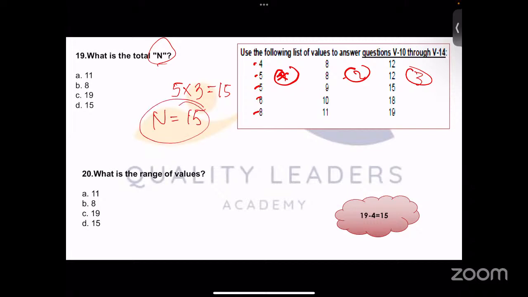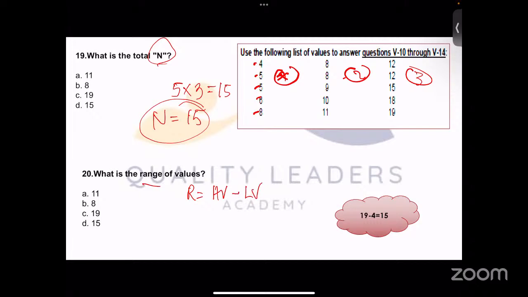Okay, number 20. What is the range of values? A, 11, B, 8, C, 19, D, 15. What's the answer? So how do we calculate the range? Range is equal to the highest value minus the lowest value.